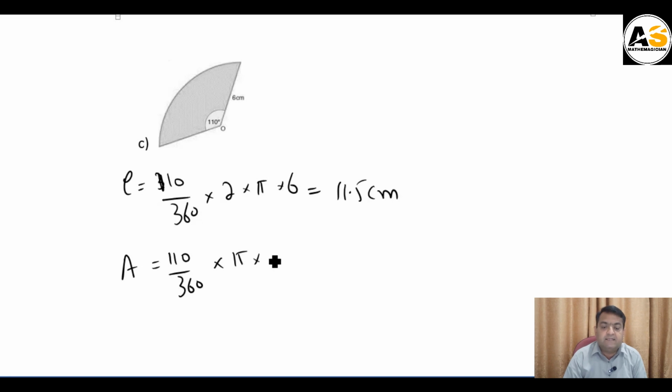R is 6, 6 square will be 36. When you use a calculator, you will get your answer 34.6 centimeter square. Area is always measured in square units. So this will be 34.6 centimeter square.